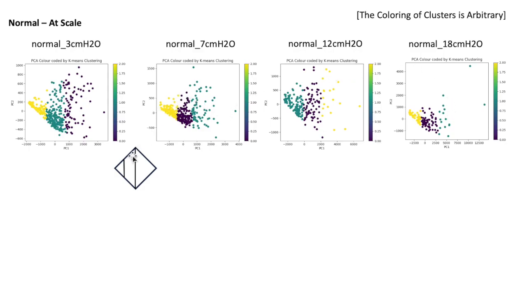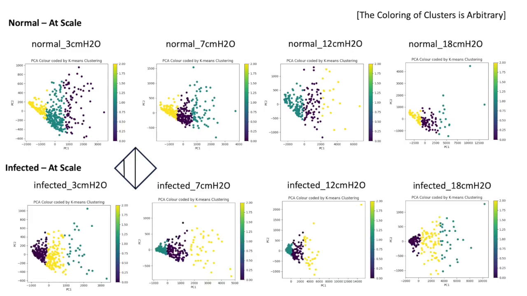And you notice that in the normal lungs measured at scale, there's a pattern which we call the diamond pattern, in which each cluster identified by k-means clustering takes on a specific location and shape. When we look at the infected lungs, they maintain this diamond pattern. And so this is evidence that there are quantitative morphological subgroups within the lungs of normal mice and infected mice.